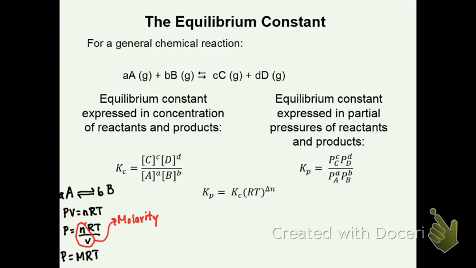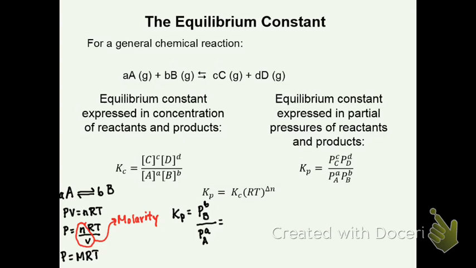So now if we write the equilibrium constant in terms of pressure, Kp is going to be equal to the partial pressure of B raised to its coefficient divided by the partial pressure of A raised to its coefficient.